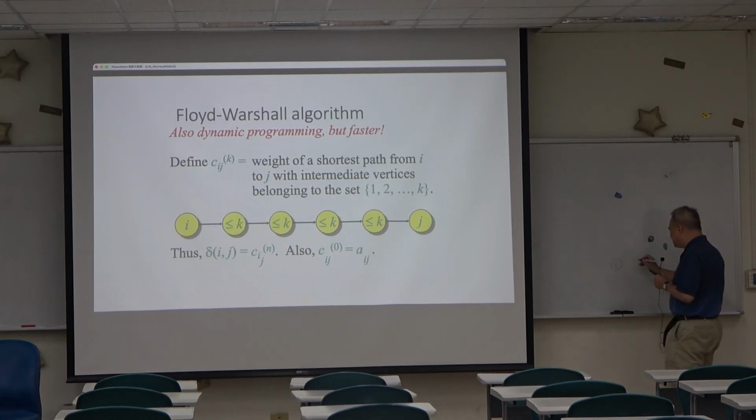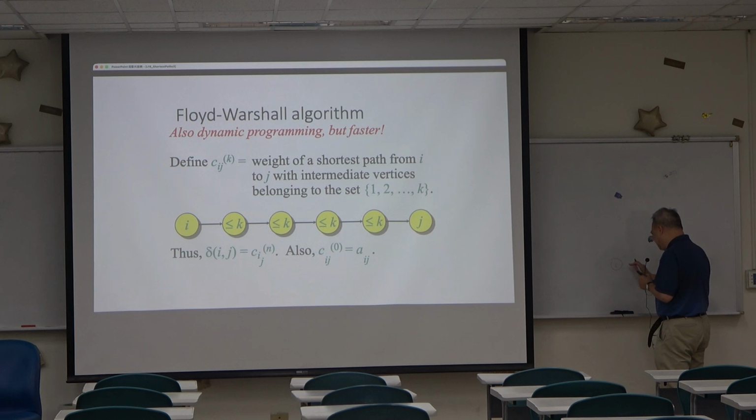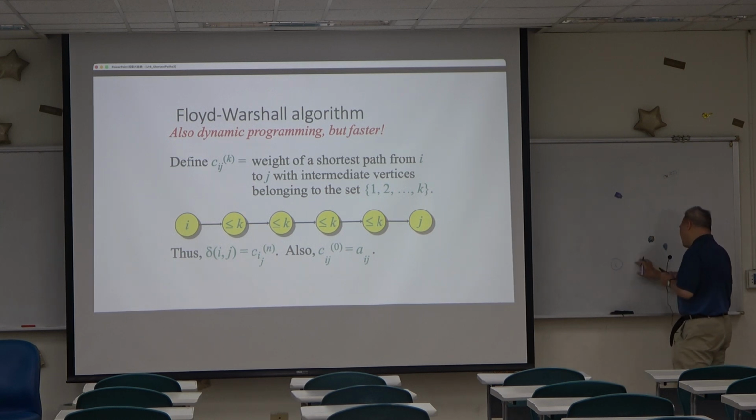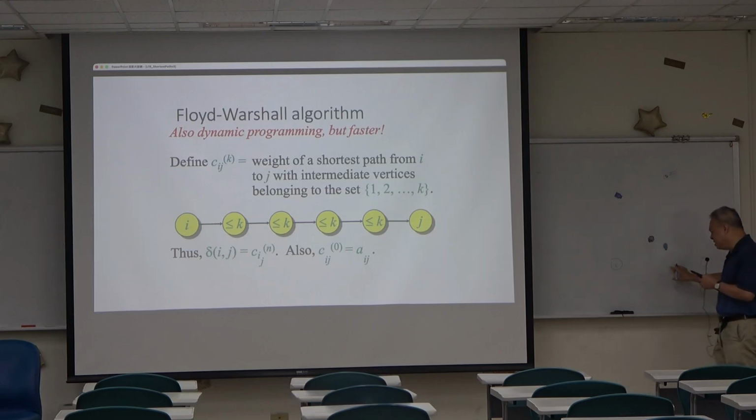So instead of considering the number of hops, the number of edges used between node I and J, we now consider what nodes can appear as the intermediate nodes in the path.